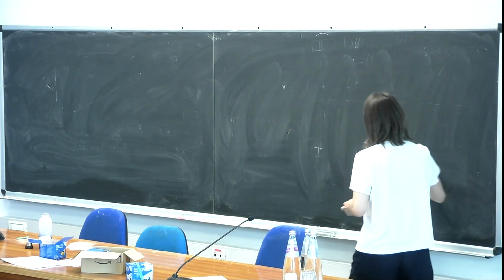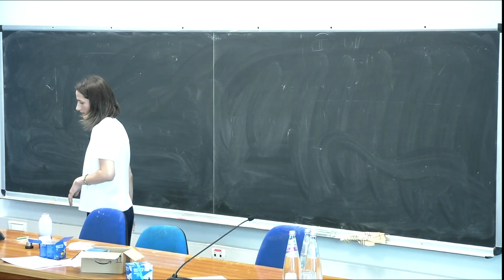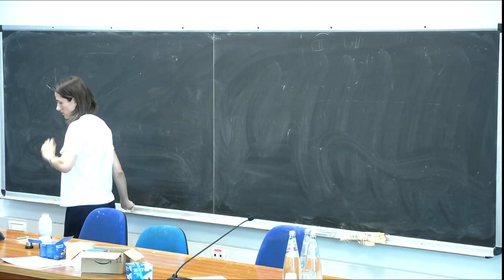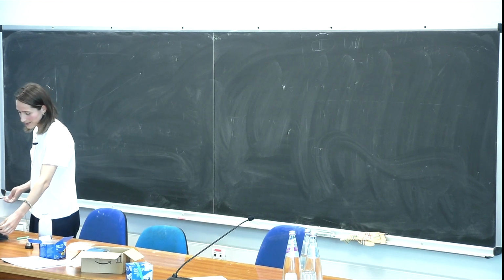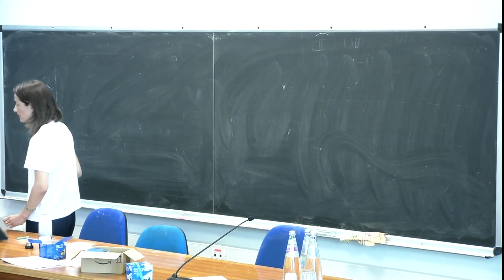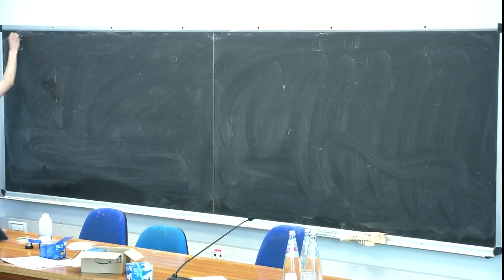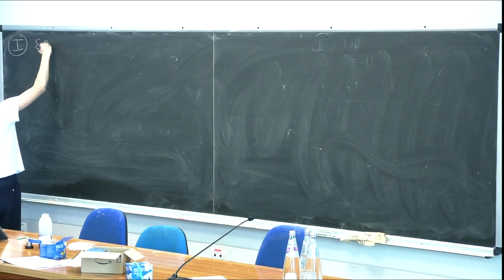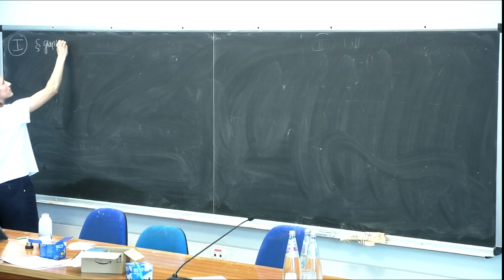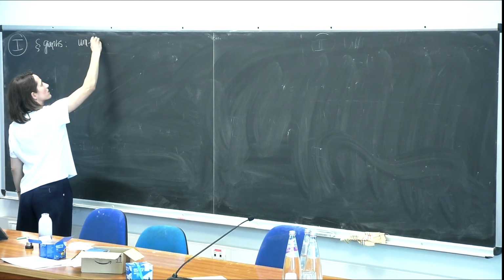So what I want to say first is this classical setting of knot theory. That's something from the 90s that I think it's best to start with. So in this first example of classical knot theory, the graphs will be just trees. And they will have univalent and trivalent vertices.